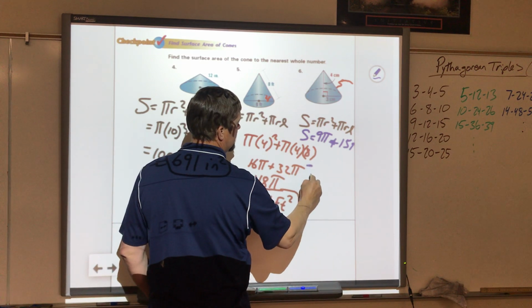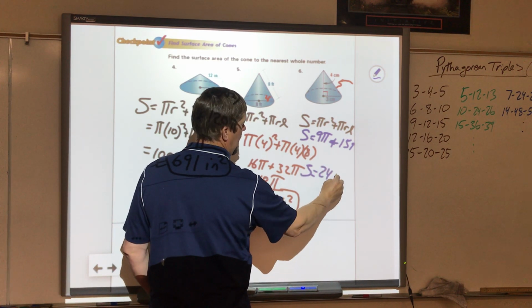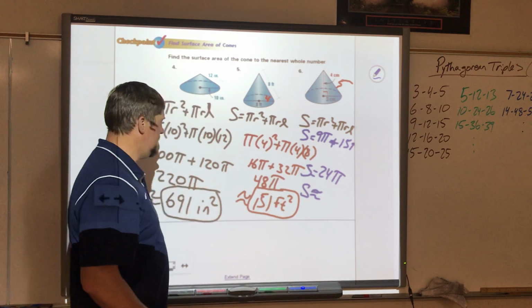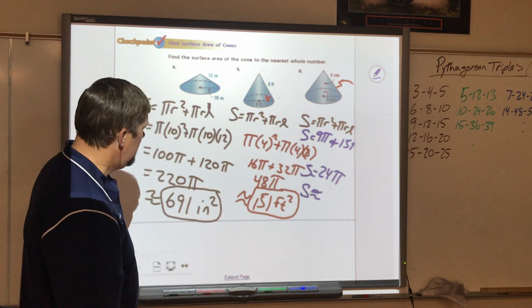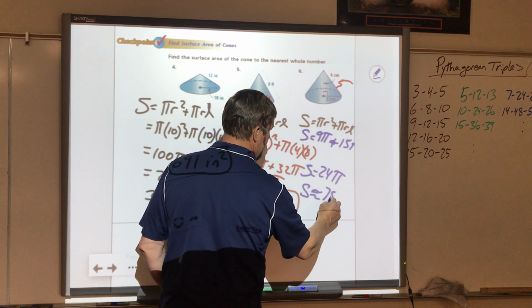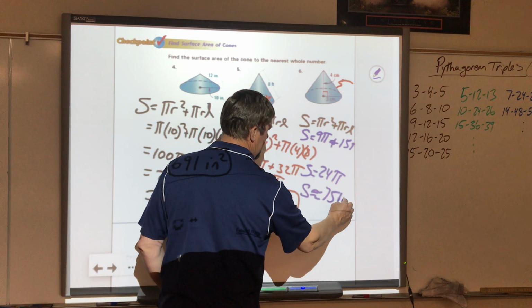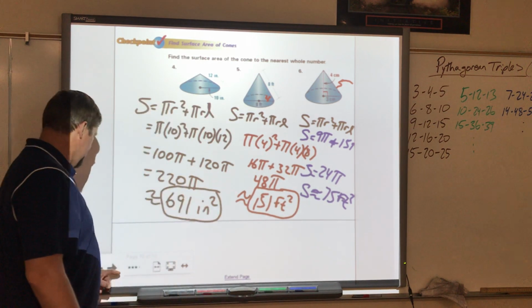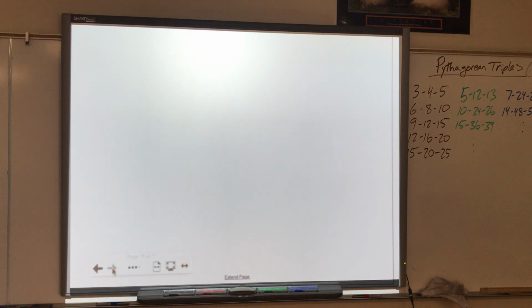And so I know the surface area is 24 pi. It would be half of 48 pi, so it would be 76 feet squared. And that's it for section 9.3.